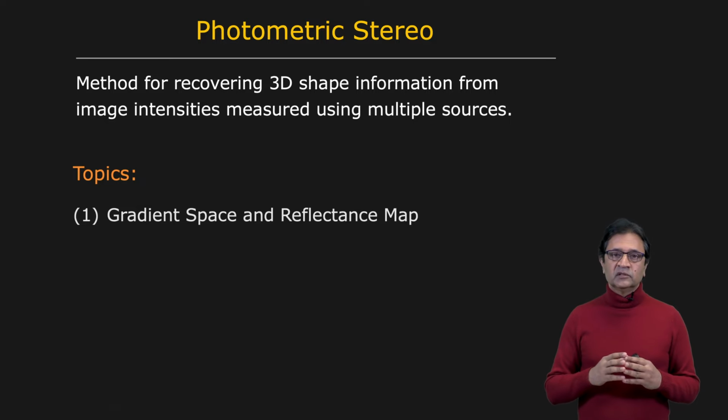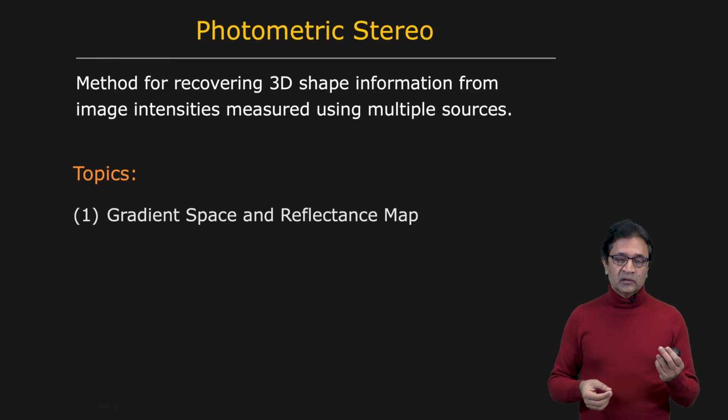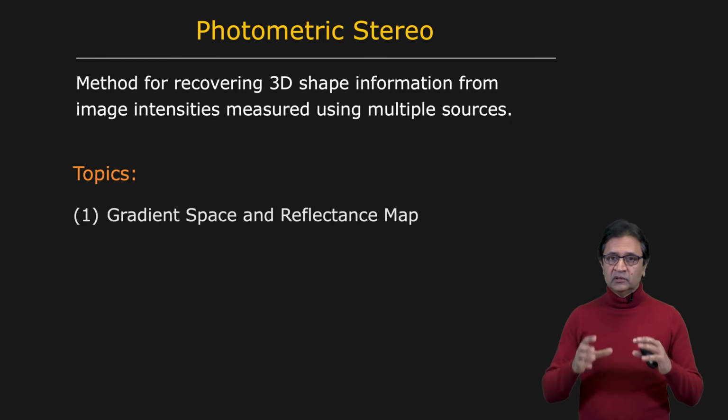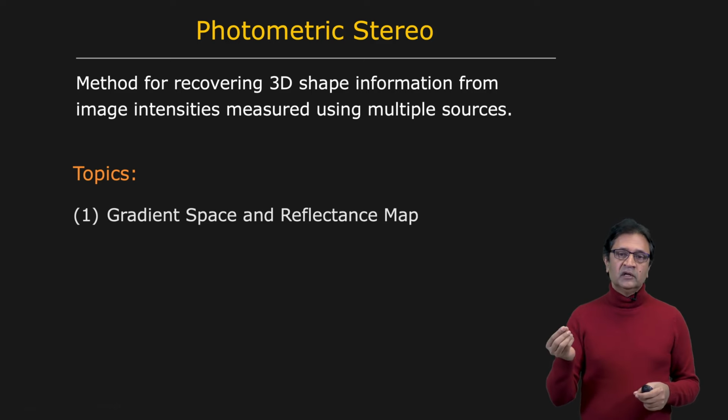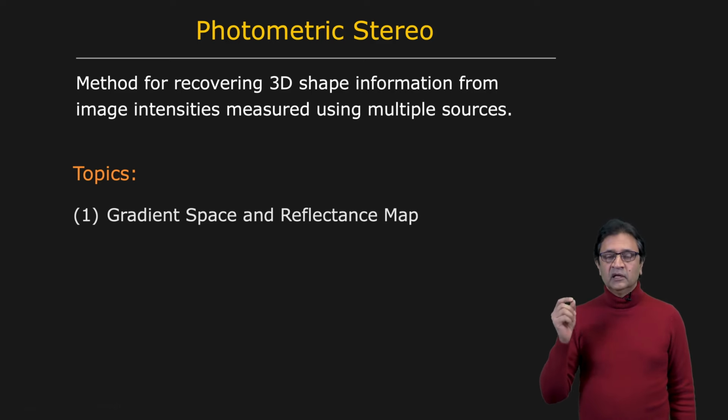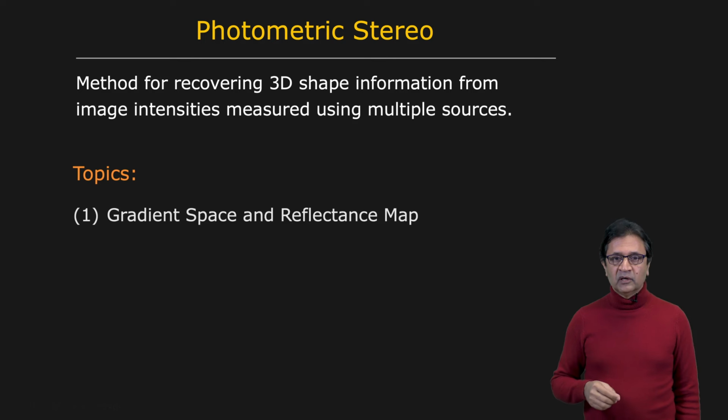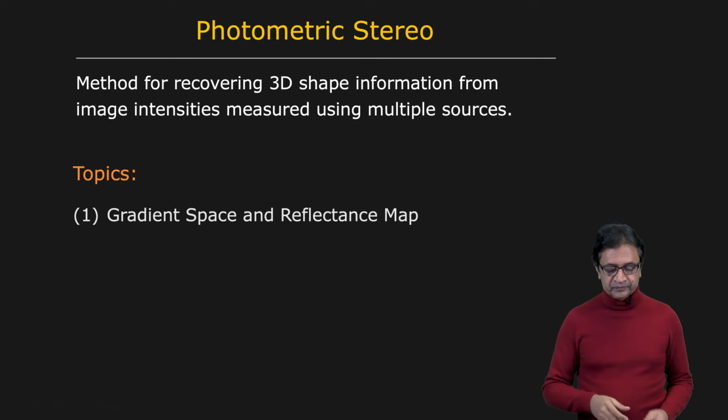The reflectance map gives you the mapping between surface orientation or surface gradient and the intensity that a point would produce. It assumes that you know the reflectance properties of the surface and everything you need to know about the light source, and then given a surface orientation, it tells you what the corresponding image intensity would be.